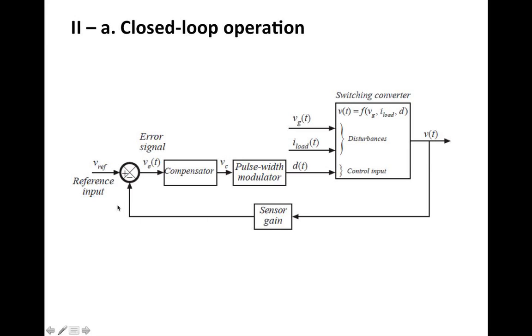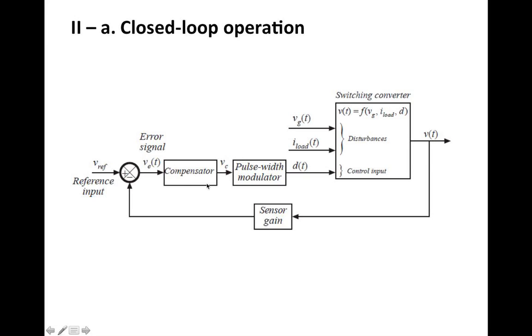And then we compare this sensed output with a known reference voltage to generate an error signal. Then this error signal goes through a compensator, and the purpose of that is making sure that the loop is stable and has enough bandwidth and phase margin for our requirements to meet our design specifications.